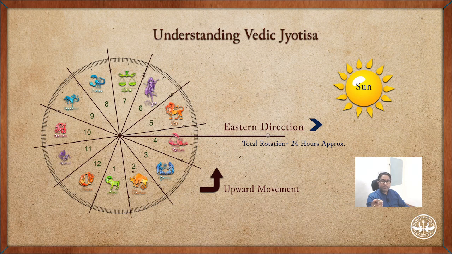When it sets and rises again the next day, 24 hours have passed, and we calculate our day according to that method. In the Western system, it's very simple: the day completes with the 12 o'clock method. But in our system, the day is calculated with the help of the sun. So the sun is very important for us.